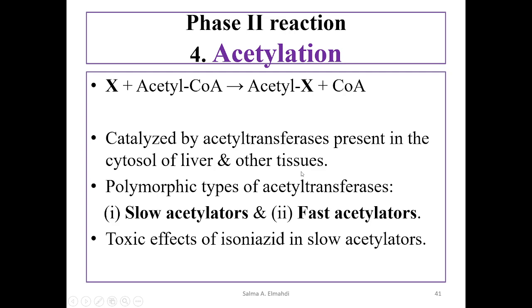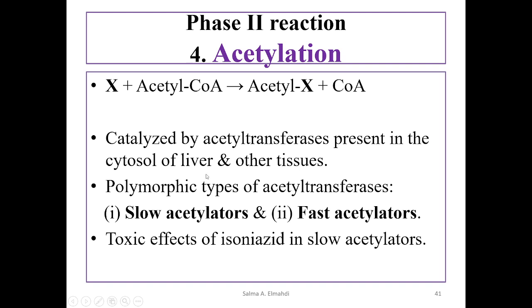Polymorphism in acetyl transferases will categorize individuals as either slow acetylators or fast acetylators. If you have a population, you can test them for the activity of the acetyl transferase for a certain substance. Some of the people will be slow acetylators, so the acetylation reaction will go at a slow rate compared to fast acetylators.